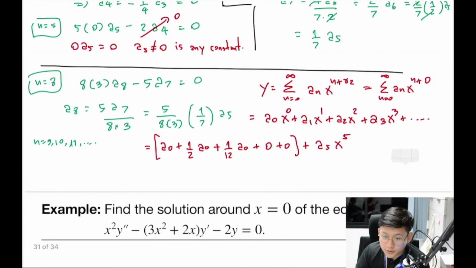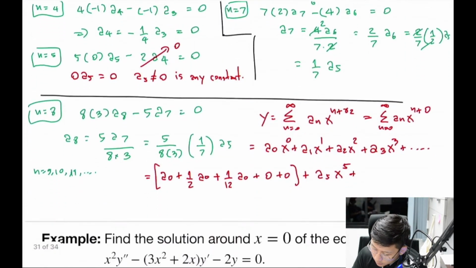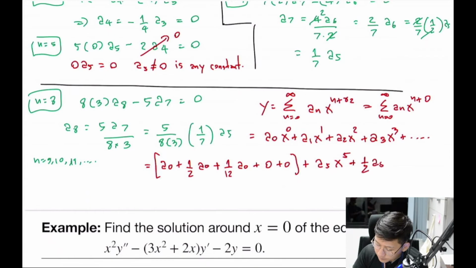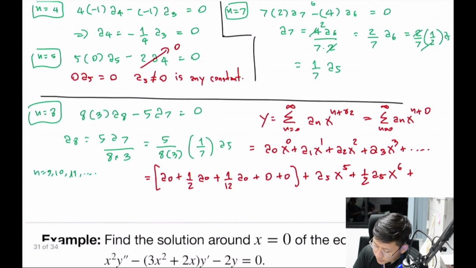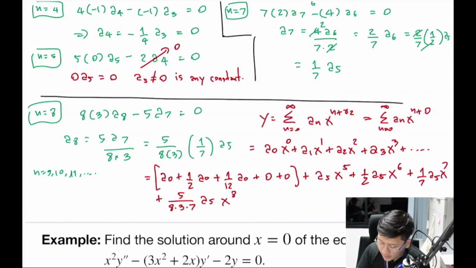Plus a6. a6 would be 1/2 a5 x to the 6, plus a7, which is 1/7 a5 x to the 7, plus a8, which is 5 times 8 times 3 times 7 a5 x to the 8.